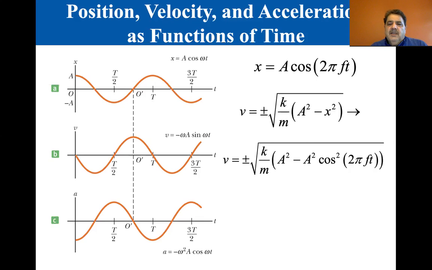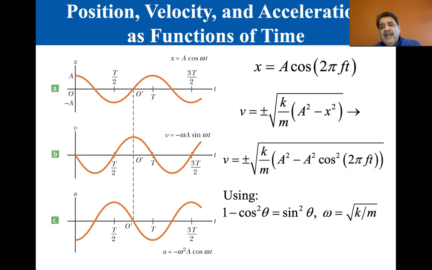So v equals plus or minus the square root of k over m times a squared minus a squared cosine squared 2 pi f t. Well, we can pull the a squared out of that parentheses, a squared times 1 minus cosine squared, and then we can use an identity: 1 minus cosine squared theta equals sine squared theta. We also use the fact that omega equals the square root of k over m, and we get that v equals a omega sine 2 pi f t.